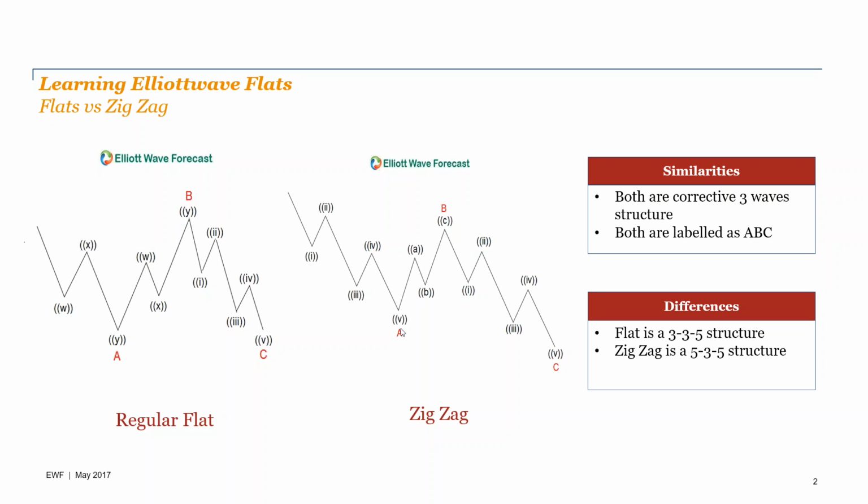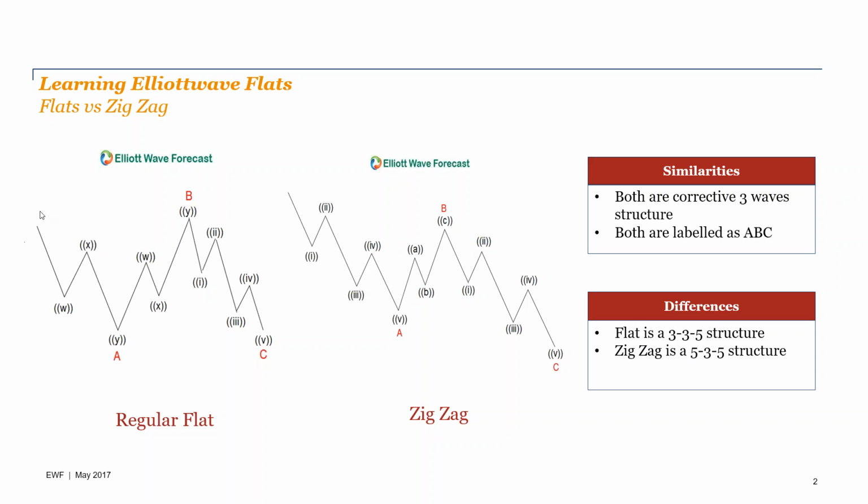ABC is 3 waves. They are corrective. Both also labeled as ABC. The difference is a flat is a 3, 3, 5, while a zigzag is a 5, 3, 5 structure. So this is the main difference between the two.